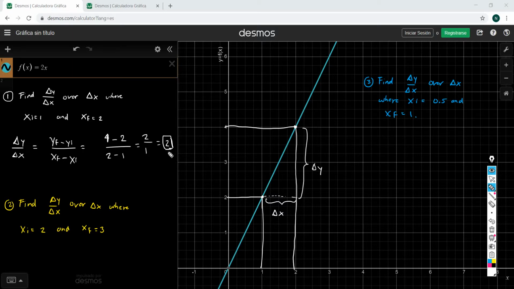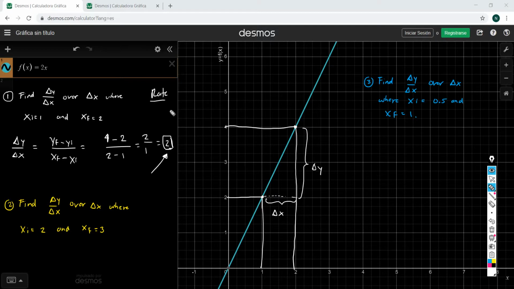The way we can interpret this number is this: over this interval, as x moves from 1 to 2, for every unit that x runs horizontally, your y changes by 2 units. It changes twice as much.